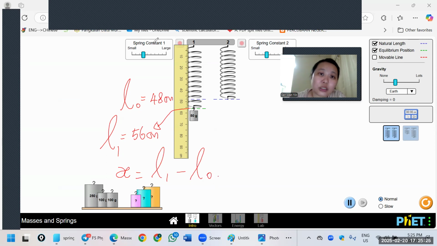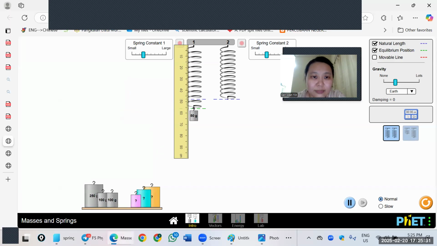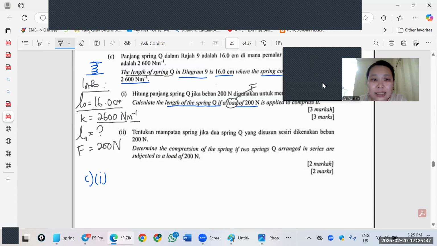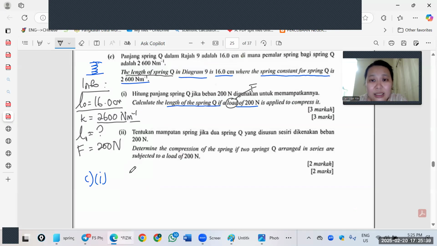So if compression, also actually the same thing. 7.69 cm. Okay, so this is L1. Then I think you understand. So we use F equals to KX first.